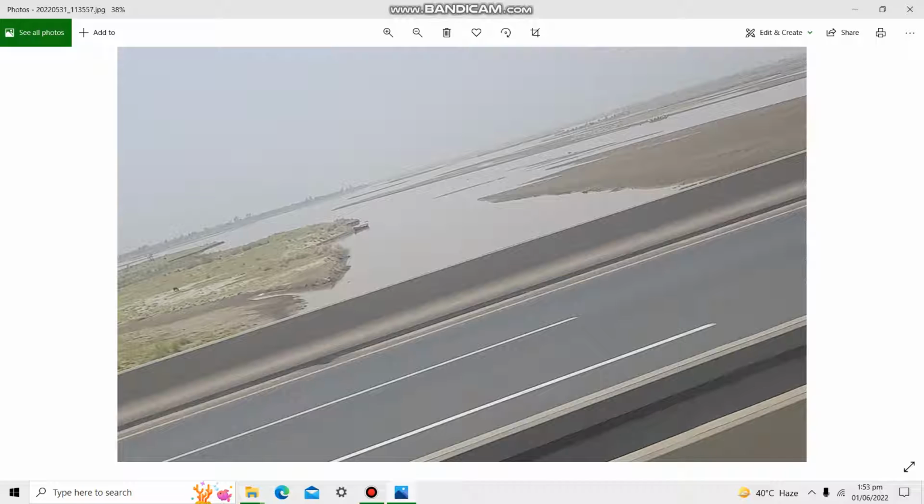You can clearly see that here is the land which is actually visible, and in the past it used to be covered with water.